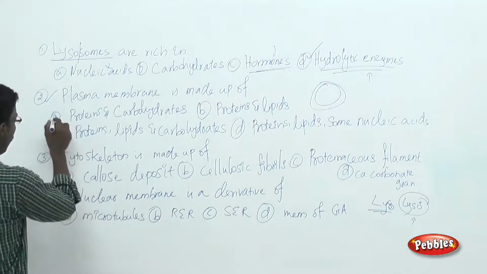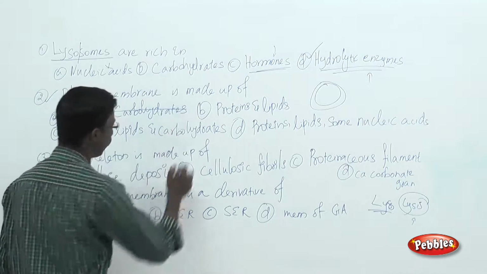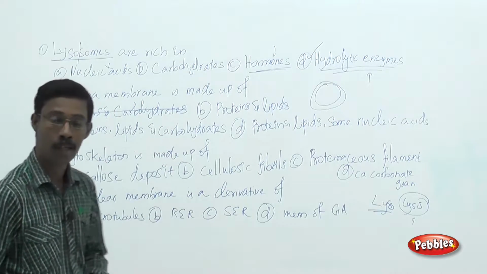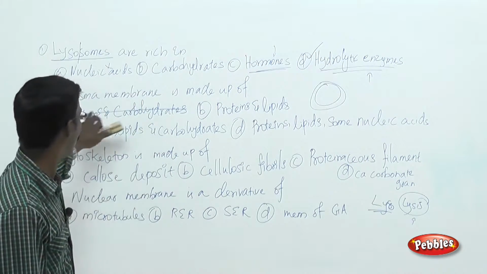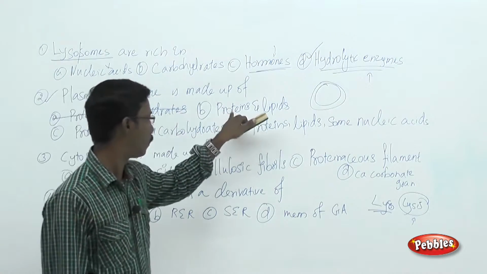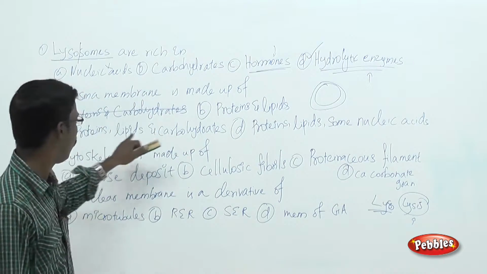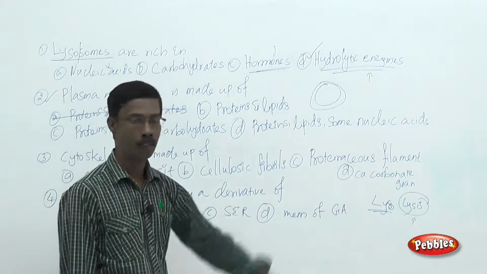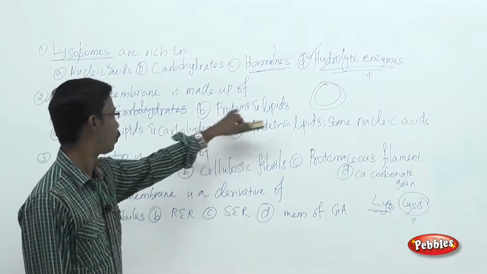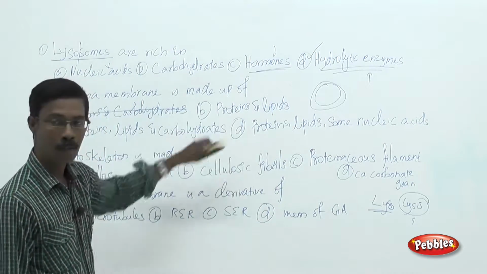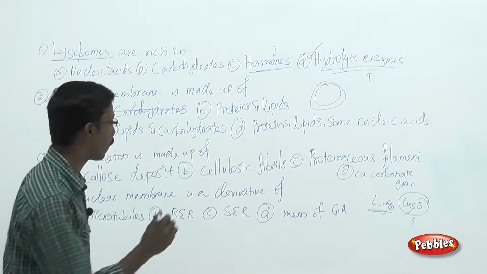So you can easily eliminate the first choice. Proteins and carbohydrates is not correct because there is no lipid there. The answer should be one among the remaining three. How will you find the correct answer?